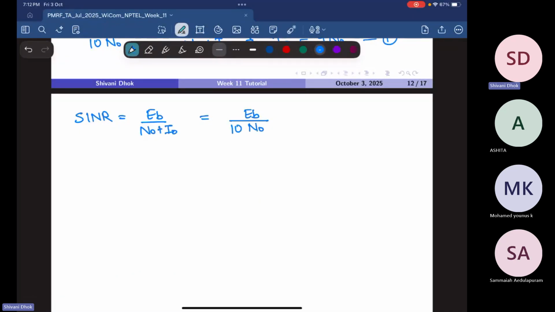So SINR equals Eb by 10 times N naught, which means that we have Eb equal to 10 times N naught into SINR. This is the second equation that we have.